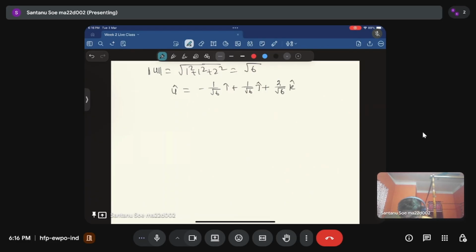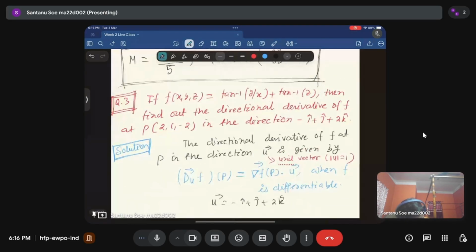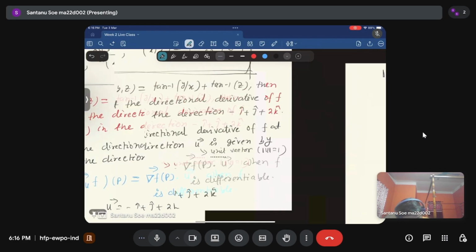Okay, so now we have to find the gradient of f at the point P, and then you can just do the dot product using this formula. And then we can easily find the directional derivative in the direction of unit vector u, at the point P.